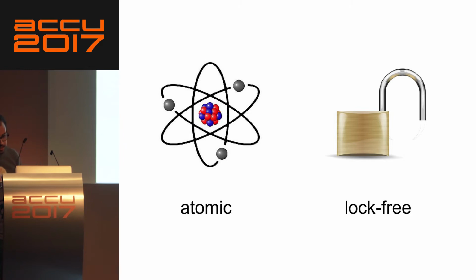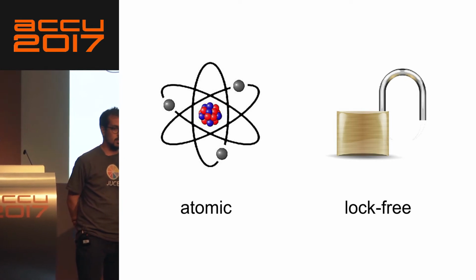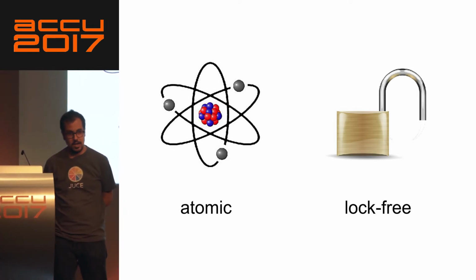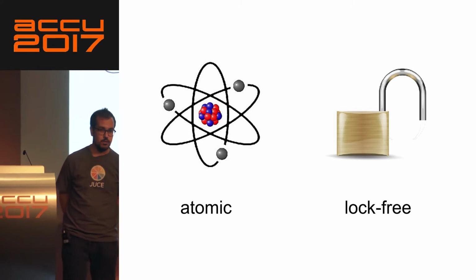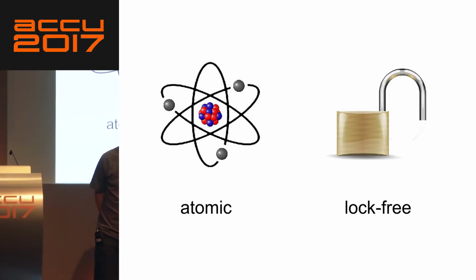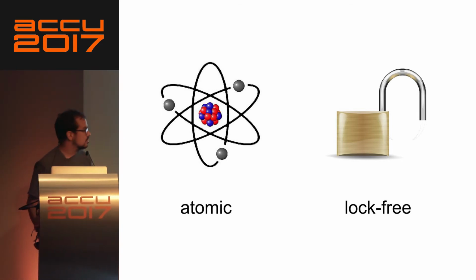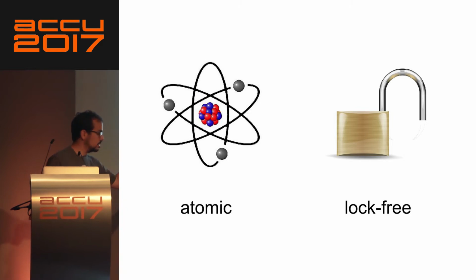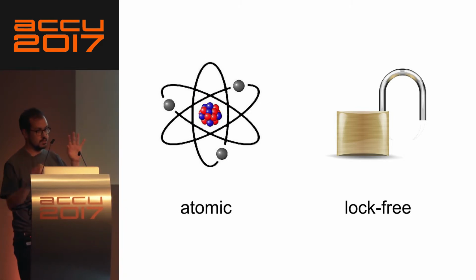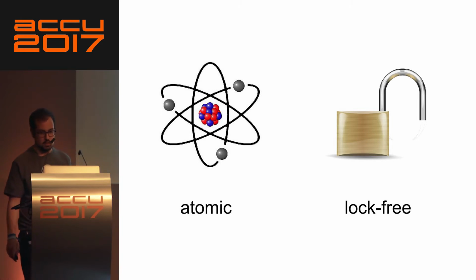And actually, this is important, because remember that you can initialize std atomic with any type that is trivially copyable. But your hardware might not support atomic lock-free operations for that type. I actually have a slide about this. So atomic might not be lock-free, and that really depends on whether your hardware architecture supports lock-free operations for that type.